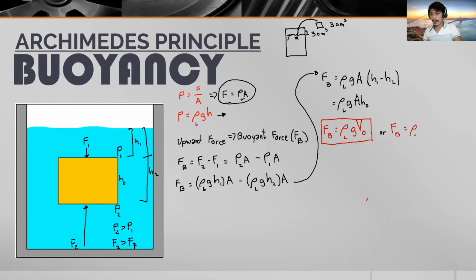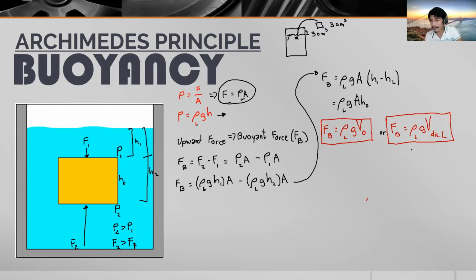Buoyant force is also the density of the liquid multiplied by the acceleration due to gravity multiplied by the volume of the displaced liquid. Ayan. So, pareho lang yung volume of the object immersed and volume of the displaced liquid. So either, kung volume of the object ang binigay, yun yung gagamitin mo. But sometimes, ang ibibigay kasi, yung displaced volume of the liquid ang ibibigay. So pareho lang yan sila.